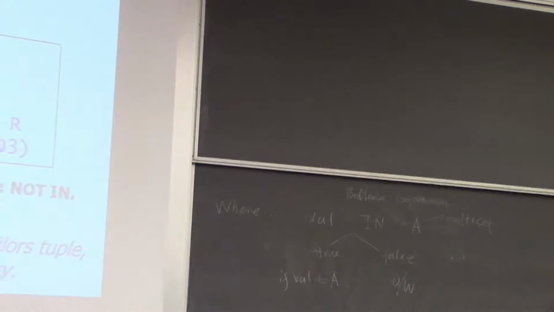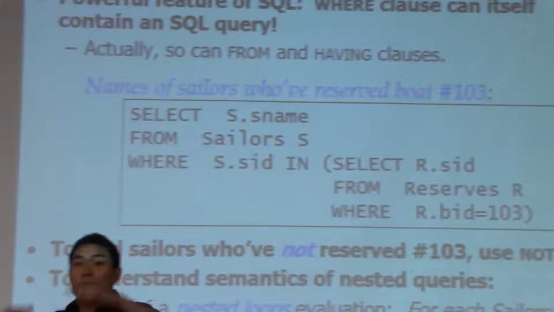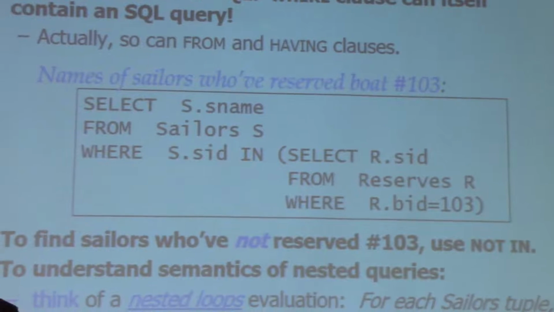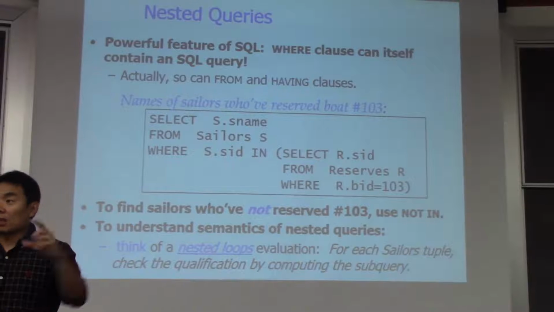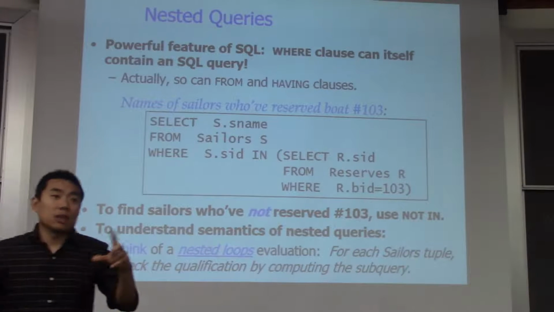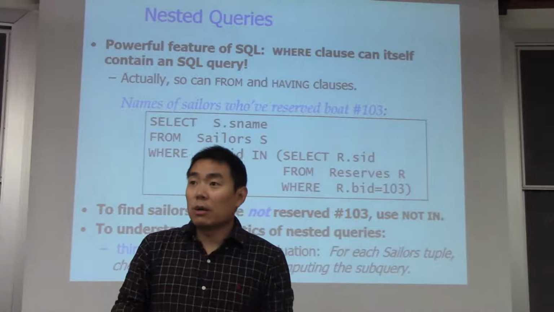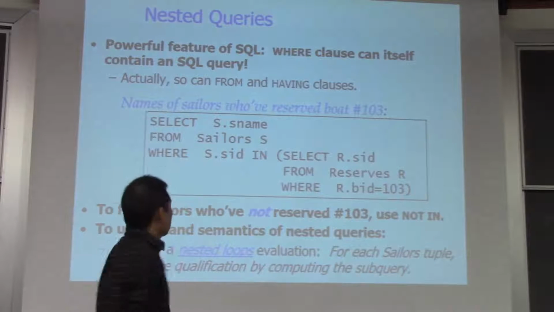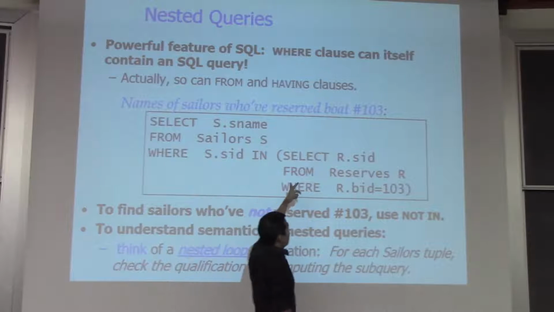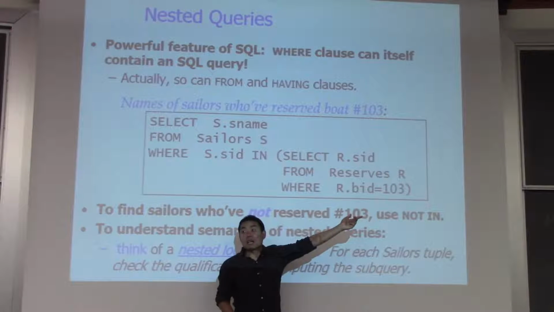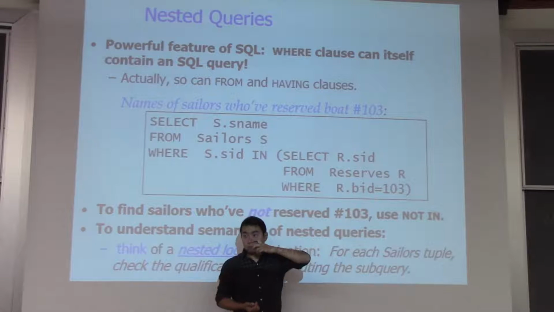So with that said, you can understand this as a for loop, right? For each sailor, check if the sailor is in this multiset or not, where the multiset is the set of sailor IDs who have made a reservation on 103. Why is it a multiset? Because the same sailor may reserve 103 multiple times on different days.